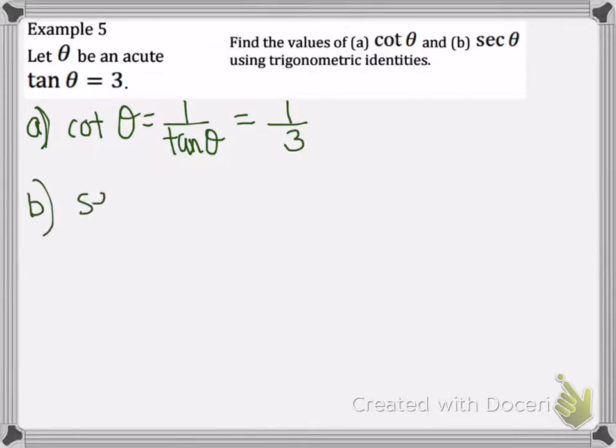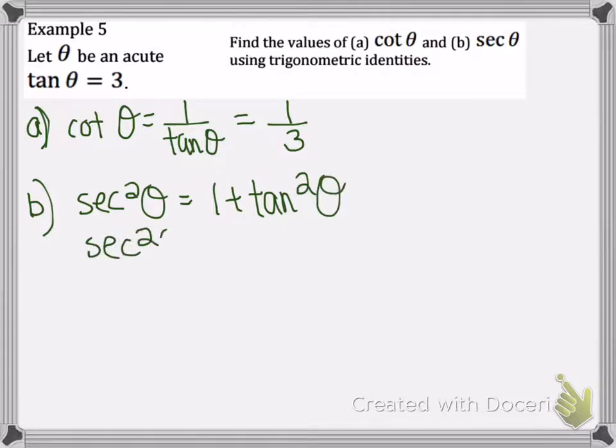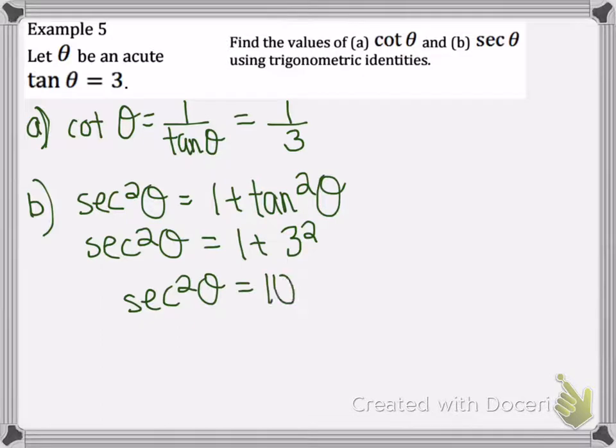And B, secant squared of theta equals 1 plus tangent squared of theta. So I have secant squared of theta equals 1 plus 3 squared. So secant squared of theta equals 10. So secant of theta equals the square root of 10.